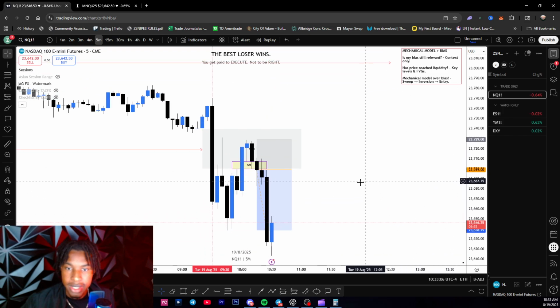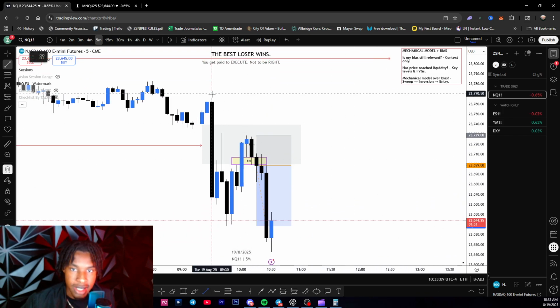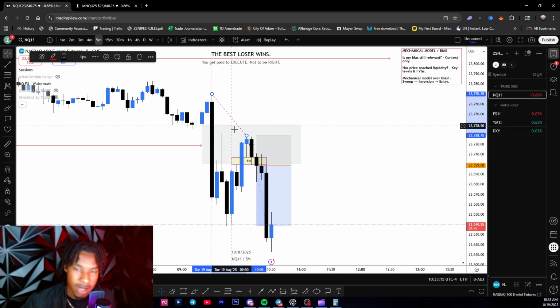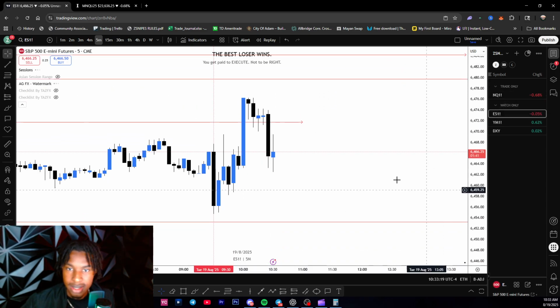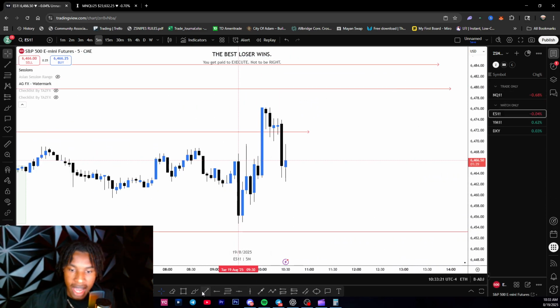Another reason why we took this lower today is because we have SMT. You can see we have 9:30 highs right here, and then we have this 10:05 highs right here. Now if we go to ES, you can see we have 9:30 highs right here, and then our 10:05, which is right here.